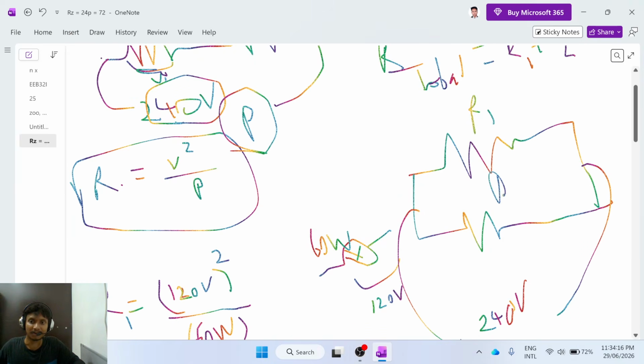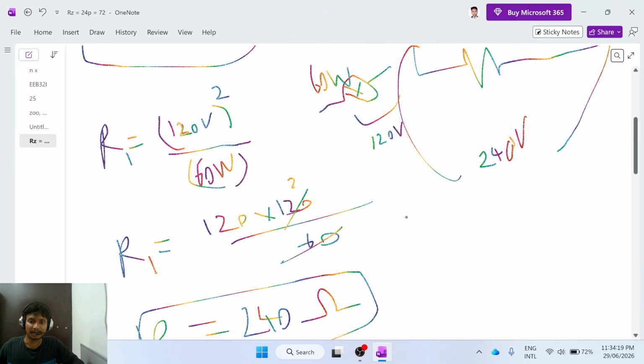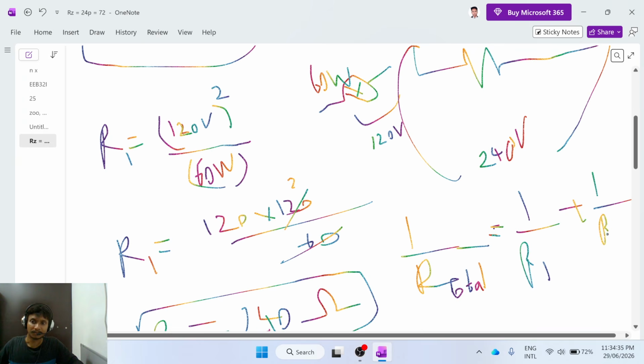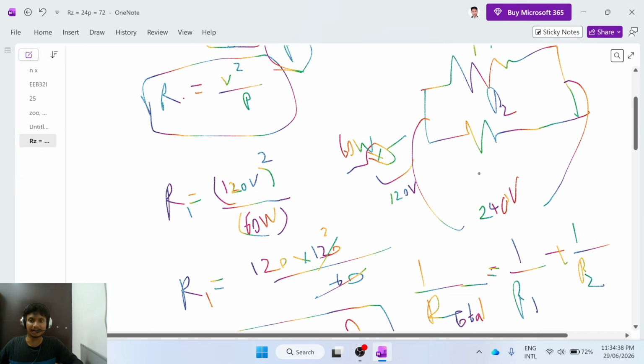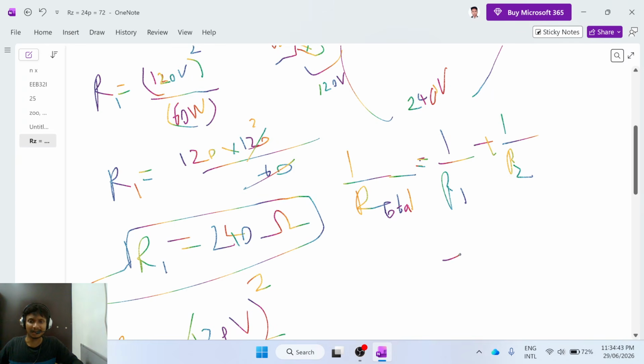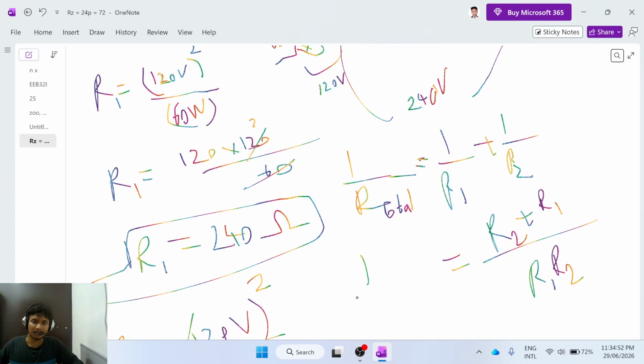This is R1, R2. Therefore, here 1 by R total, we already know this equation. Sometimes you may forget it, so I memorize it again. R total is equal to 1 by R1 plus 1 by R2. For this parallel circuit, 1 by R total is equal to 1 by R1 plus 1 by R2.